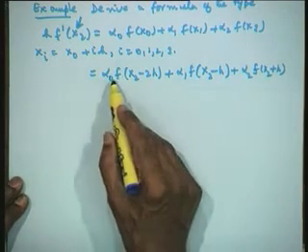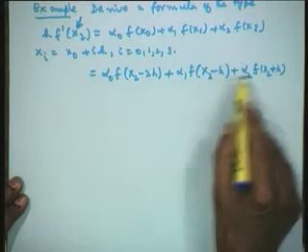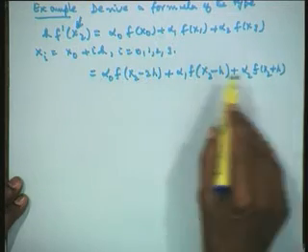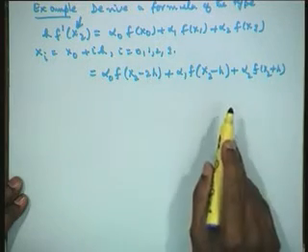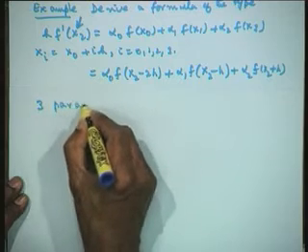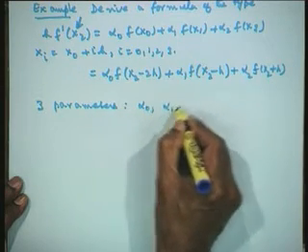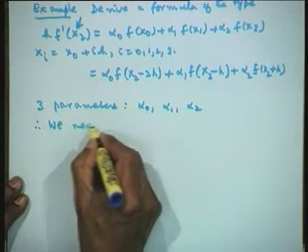Now, I have here 3 parameters alpha naught, alpha 1, alpha 2. Therefore, I need 3 equations to determine them. Therefore, I write the Taylor expansion and compare the constant term, the h term and the order of h square terms, because there are 3 parameters to be determined, alpha naught, alpha 1, alpha 2.